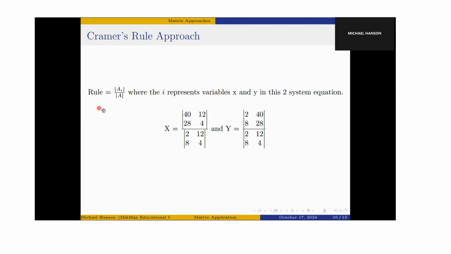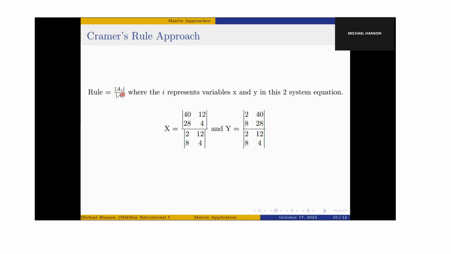Now, Cramer's rule suggests that to find the variables X, Y, Z, and many other variables, it is the determinant of the A_i matrix over the determinant of the general matrix. Now the numerator here, the determinant of the A matrix with subscript i, the i is representing the several other variables you would have.